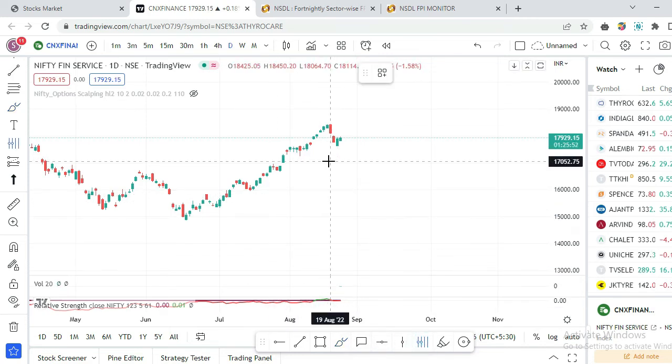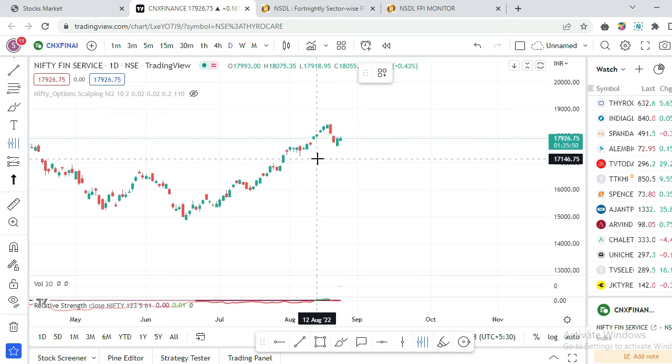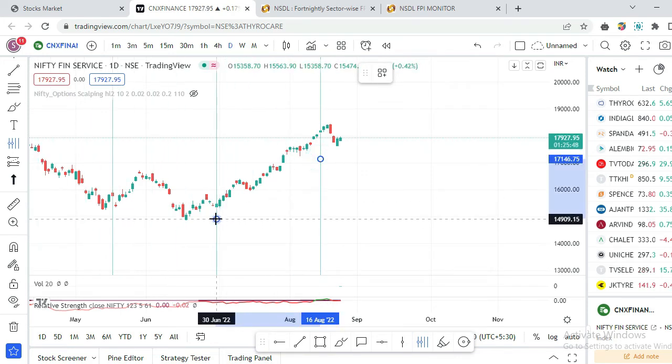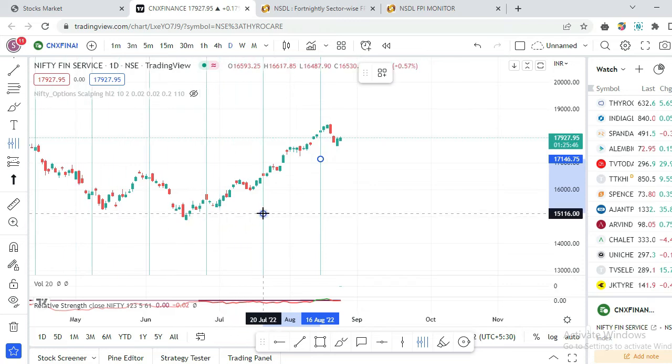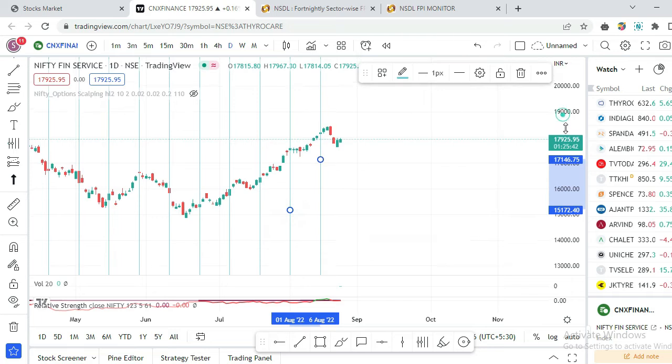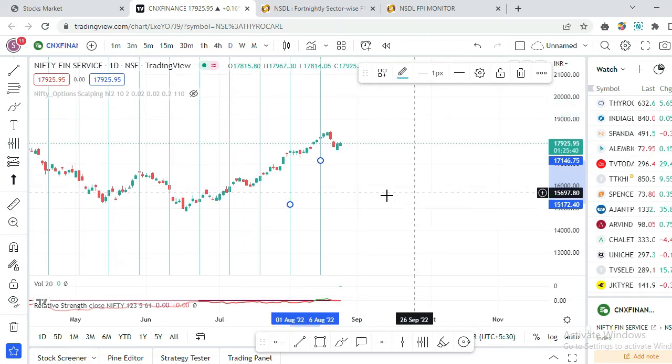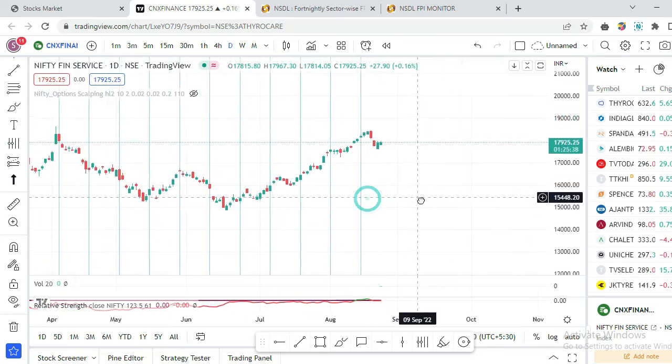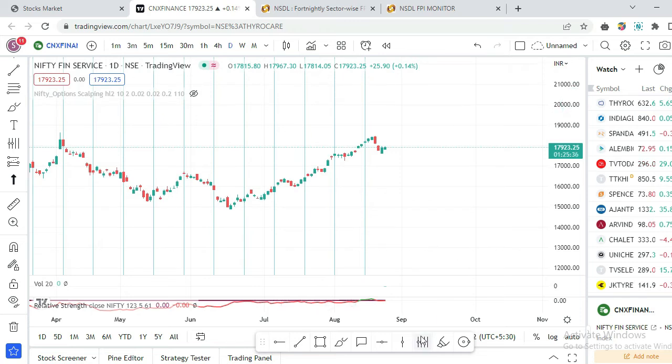Let's test this data. This tool is helping me divide all the candles into 15-day periods. We'll go to nearly 15th June, or this base.